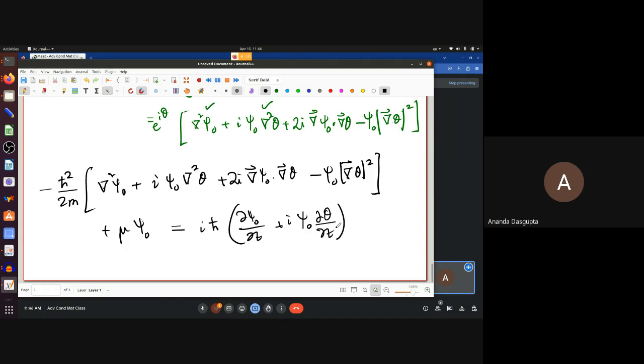Of course, every one of these terms has an overall e to the i theta factor, which being an exponential can never vanish, so we can simply cancel that out. Okay?